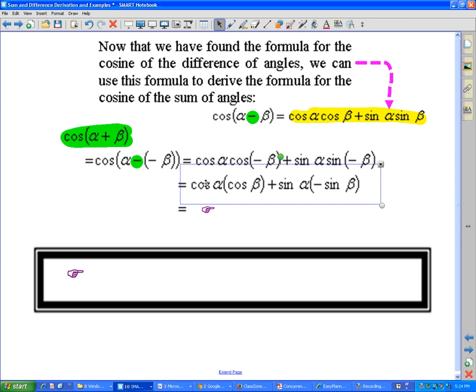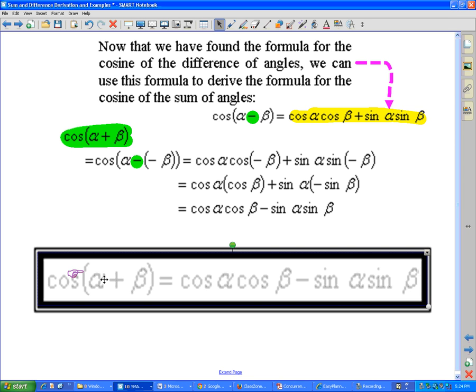And the sine of negative beta is the opposite of the sine of beta, so negative sine beta, which is just going to give us something very similar to what we got before. Cosine alpha, cosine beta, subtract sine alpha, sine beta. Okay, so here is just that quickly the sum formula for cosine.